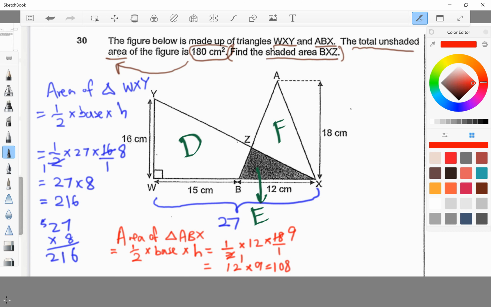So what's the significance of triangle WXY and triangle ABX? Let me just write it down for everyone.